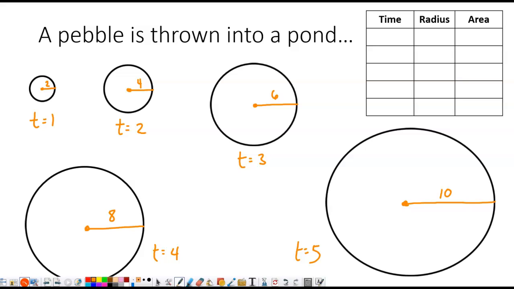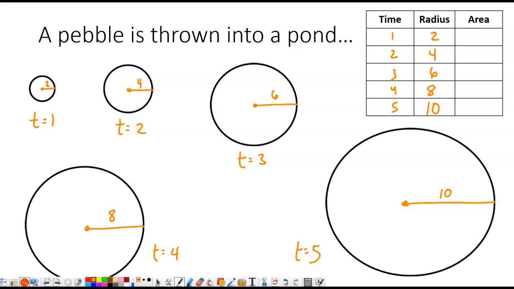Now, in real life, I think the radius of these circles would be increasing at a much faster rate than that, but I'm just trying to keep the numbers simple for our purposes here. So we're looking at time values of 1, 2, 3, 4, and 5 seconds. And for 1 second the radius was 2, for 2 it was 4, and so on.